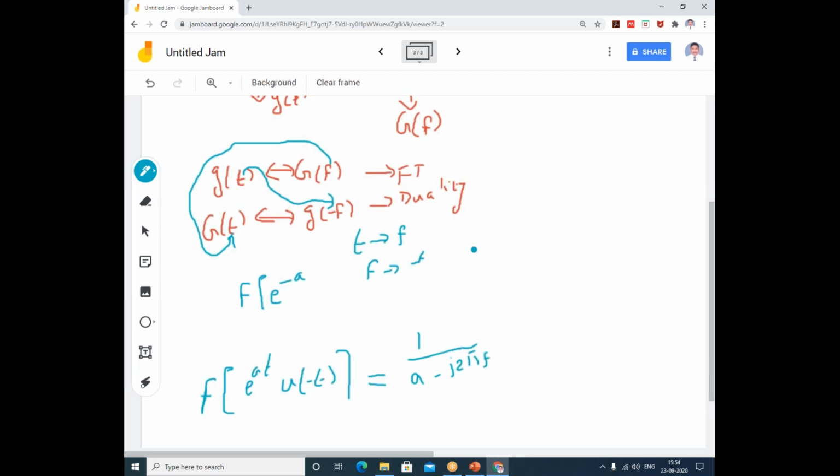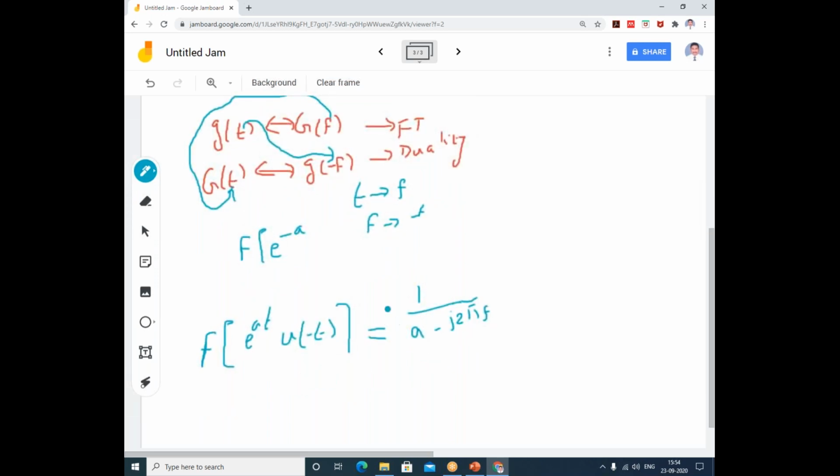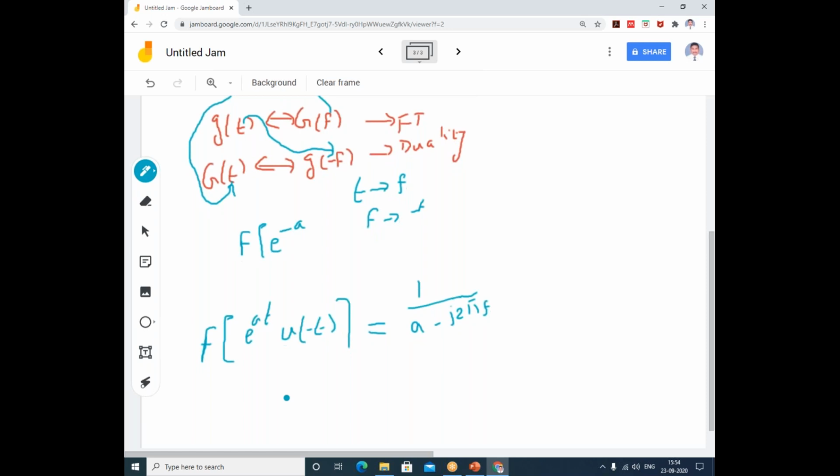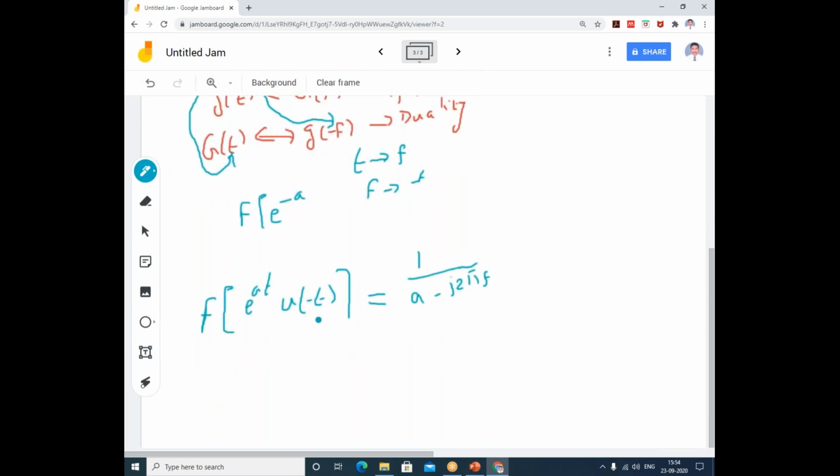Now if you replace f with minus t and t with f, then we don't have the problem. Now when you replace t with f, then I can write this is the actual g of t and this is the actual g of f.